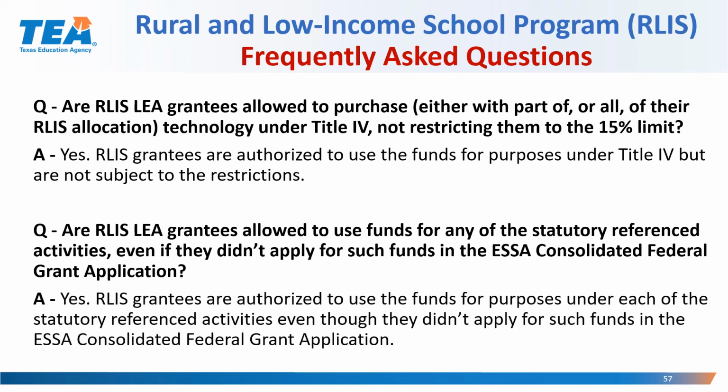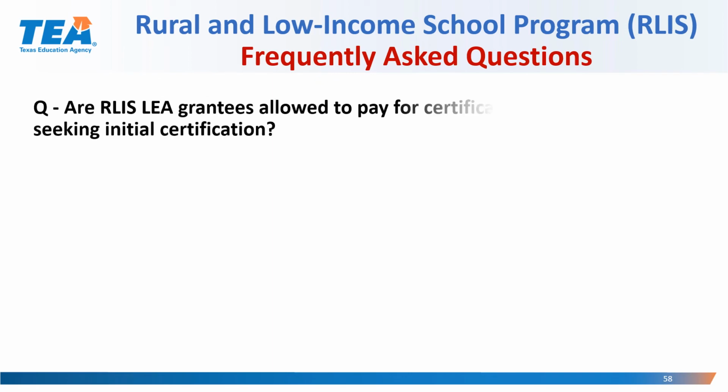The answer is yes. RLIS grantees are authorized to use the funds for purposes under each of the statutory reference activities, even though they didn't apply for such funds in the ESSA Consolidated Federal Grant Application.